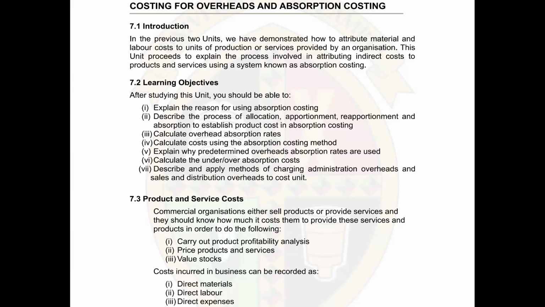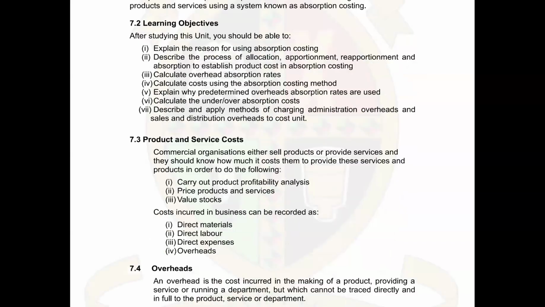You should be able to calculate the cost using absorption costing methods, know how to calculate the under and over absorption costs, and finally describe and apply these methods as we charge the administration overheads. That's what you are supposed to do.